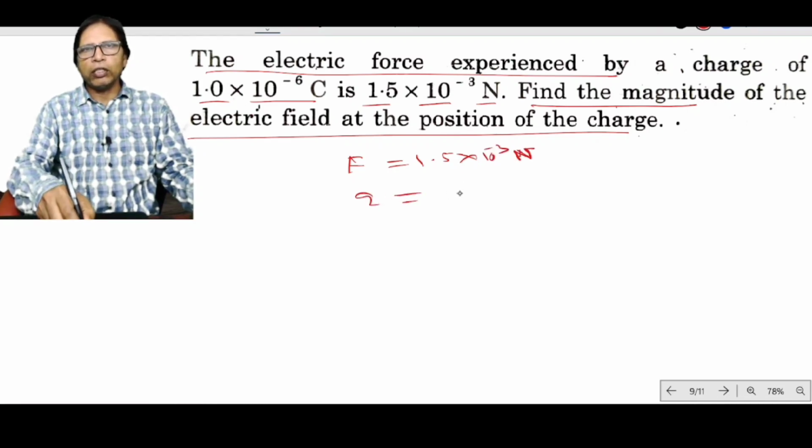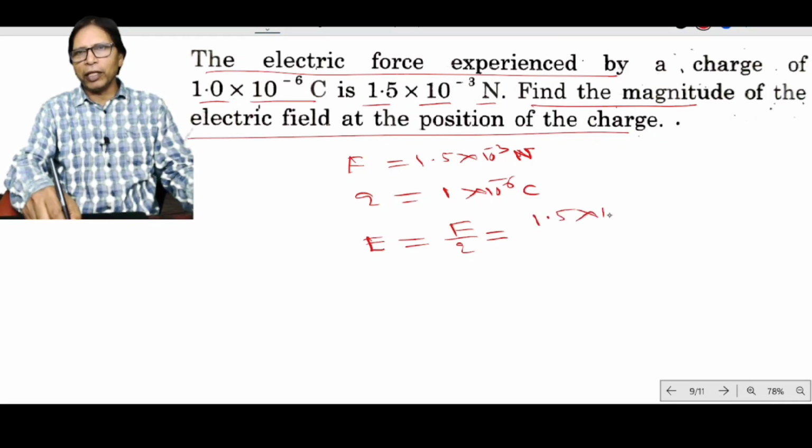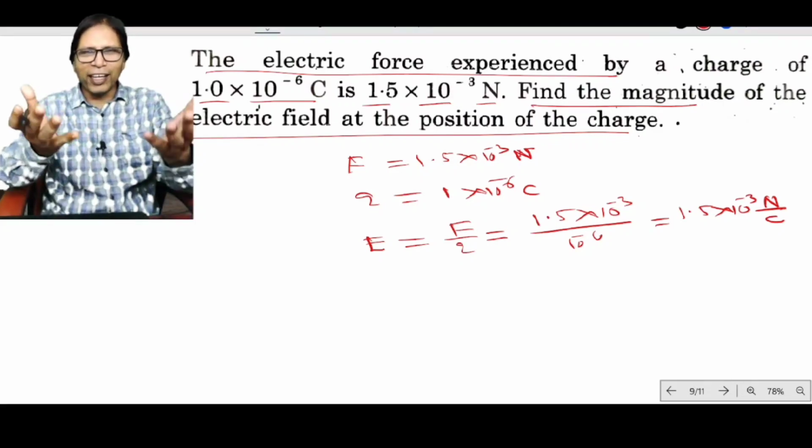Charge Q equals 1 into 10 to the power minus 6 coulomb is also given. Electric field is force per unit charge, so F by Q is the electric field. This is 1.5 into 10 to the power minus 3 divided by 10 to the power minus 6, so 1.5 into 10 to the power 3 Newton per coulomb is the magnitude of electric field.